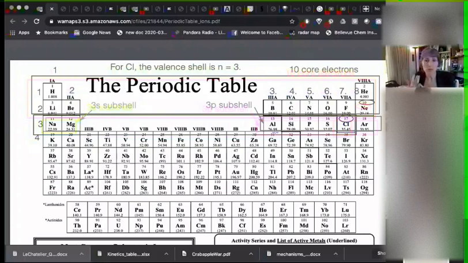So we know the shape, we know that there are 3 equivalent orbitals. Each orbital holds up to 2 electrons. So you get 1, 2, 3, 4, 5, 6, up to 6 electrons in the 3 orbitals. So you know the size and energy, you know how many there are, and you know the shape just from this 3p designation.